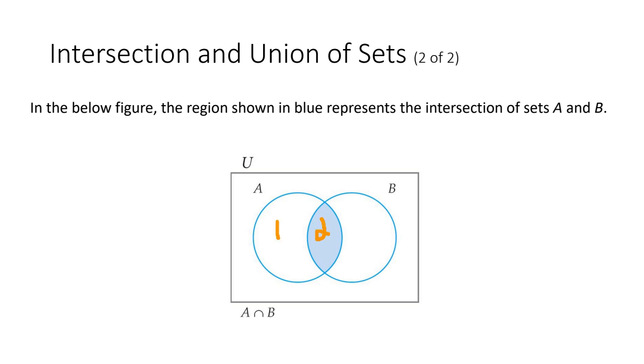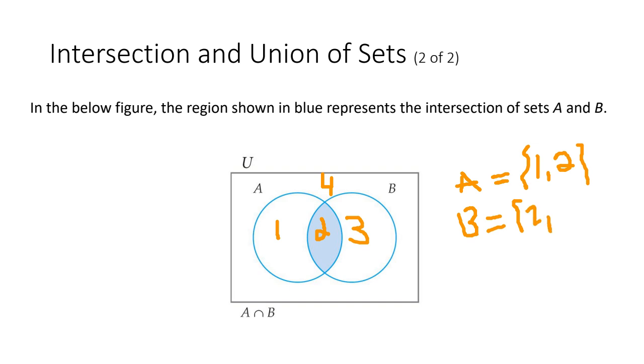The elements of A are 1 and 2 because they are in the circle A. The elements of B are 2 and 3. And the elements of U, the universal set, are 1, 2, 3, and 4.